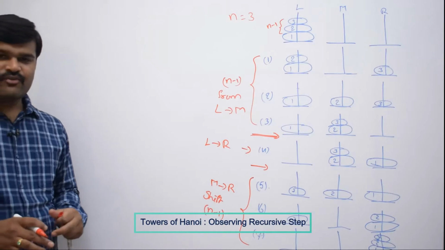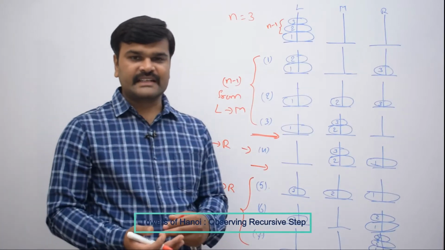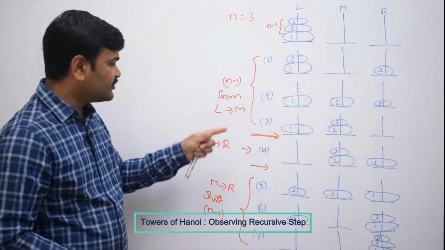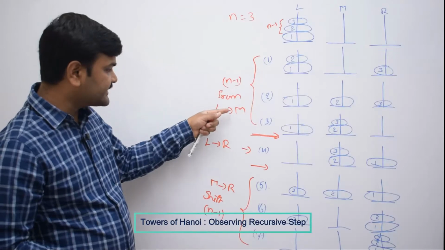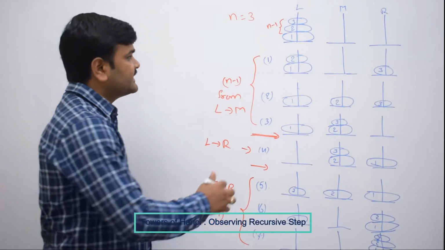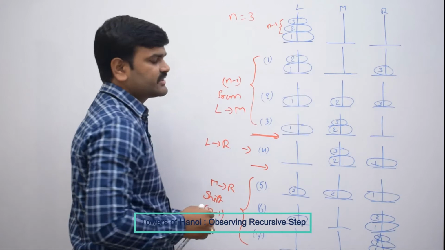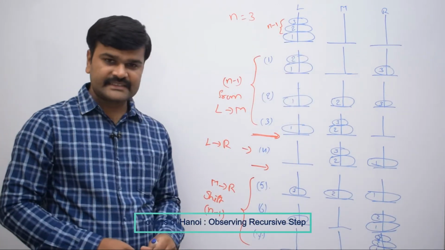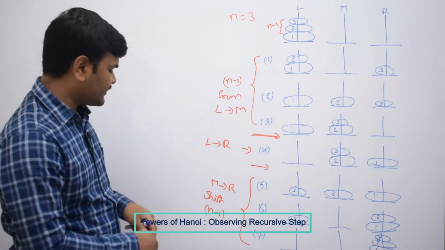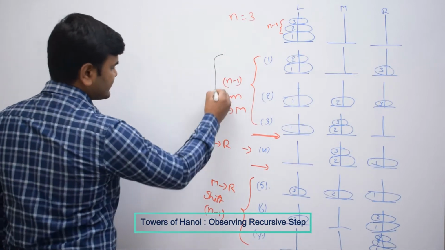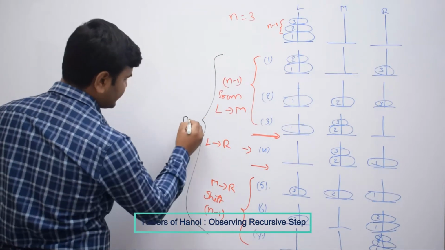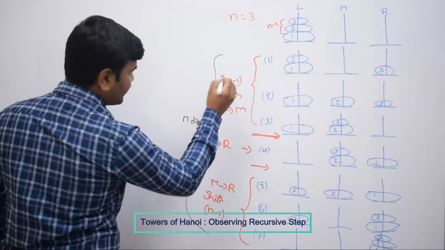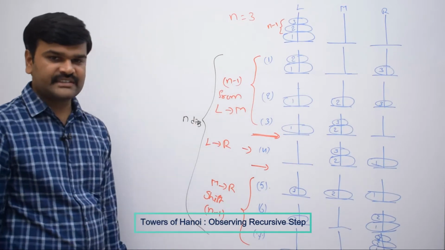Now further, if you observe, what is the recursive step? Now these n minus 1 disks you have to shift. To shift these n minus 1 disks, see here the goal is n disks. Now here the goal is that n minus 1 disks you have to shift.